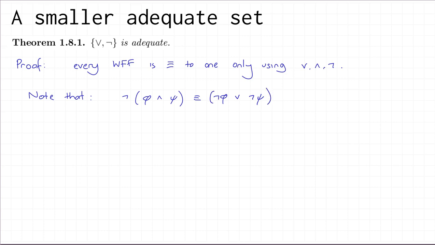Okay, so what happens if we negate both sides? Then if we negate both sides of this, we'd have a double negation on the left. So if I take phi and psi on its own like this, again I'm going to miss out some brackets just for readability's sake, that's equivalent to double negation of phi and psi by the double negation rule, and that's equivalent to the negation of phi or the negation of psi.